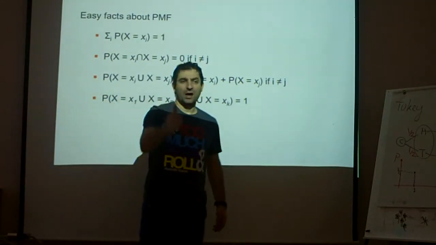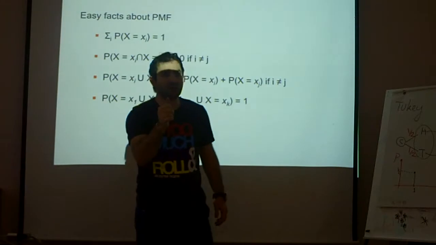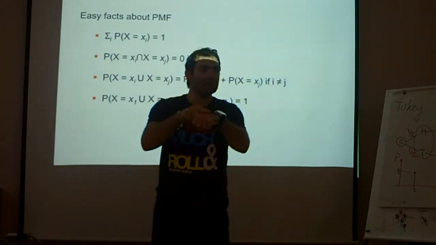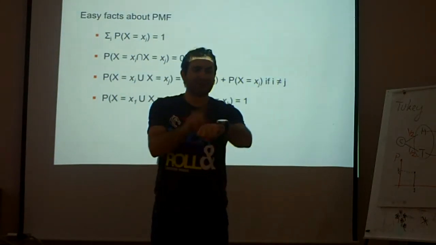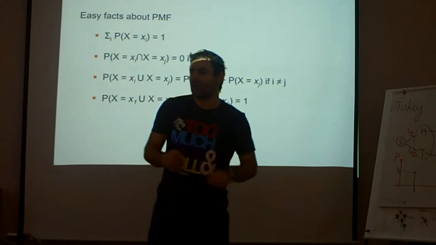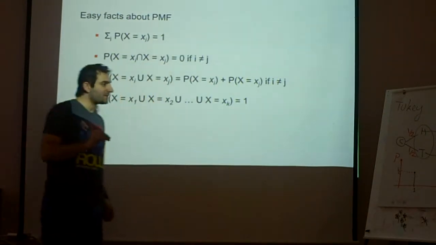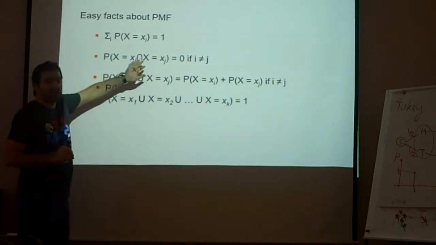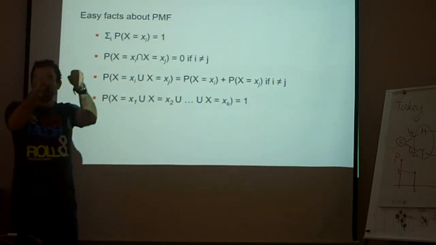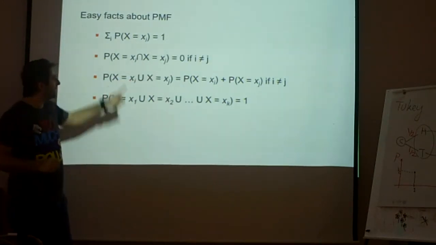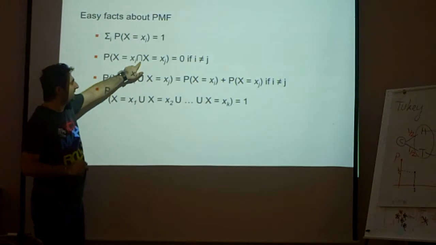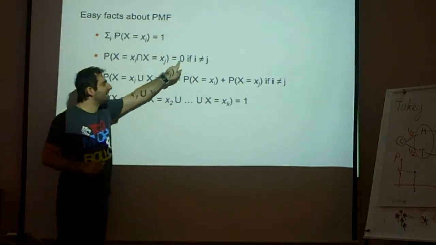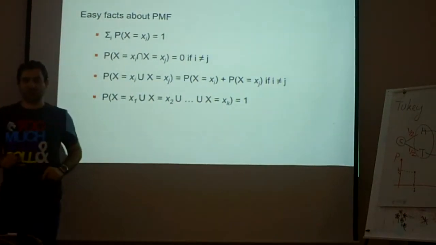If I toss a coin, I will get a head or tail. I cannot get head and tail at the same time. So, in a probability mass function, if you pick any 2 events, they will be disjoint. So, the probability of xi intersecting xj is 0 if i and j are not equal to each other.